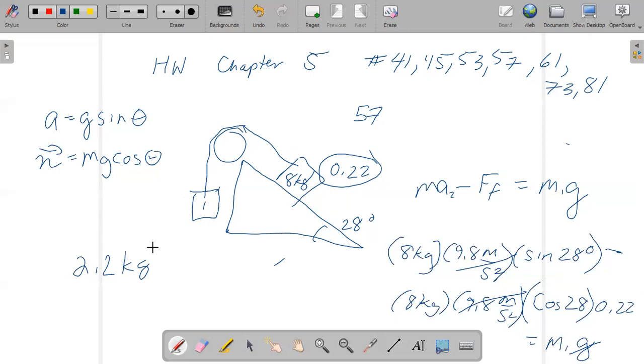It's going at a constant velocity, so everything's in equilibrium. The sum of the forces here is going to equal the sum of the forces there. So practice this one. It's a good one. All right.